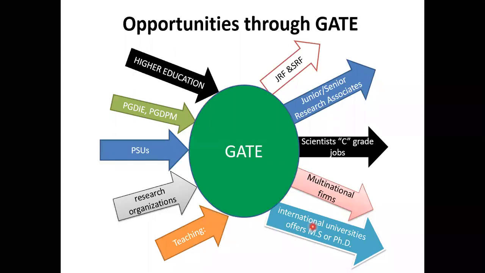Similarly, in Germany, the topmost universities, that is the University of Munich and Berlin University, are also considering GATE score. If you want to do higher education in these countries, especially Germany or Singapore, you need to have one test based upon the English language, and one more thing is you must have a GRE test.